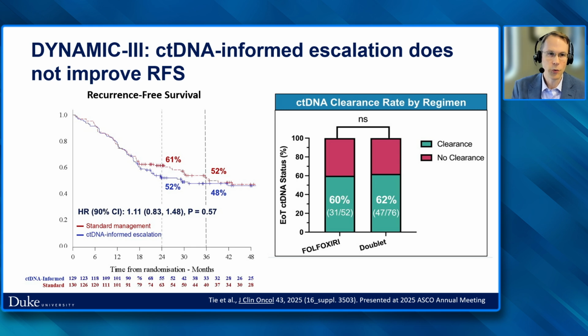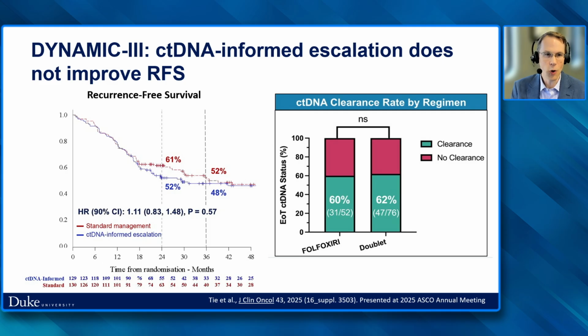On our left, we have the recurrence-free survival curves. Patients actually did numerically better with the standard management approach, with the less aggressive chemo, than with the more aggressive approach. And on our right, we can see that ctDNA clearance was not improved by giving an intense triplet chemotherapy regimen of FOLFOXIRI.